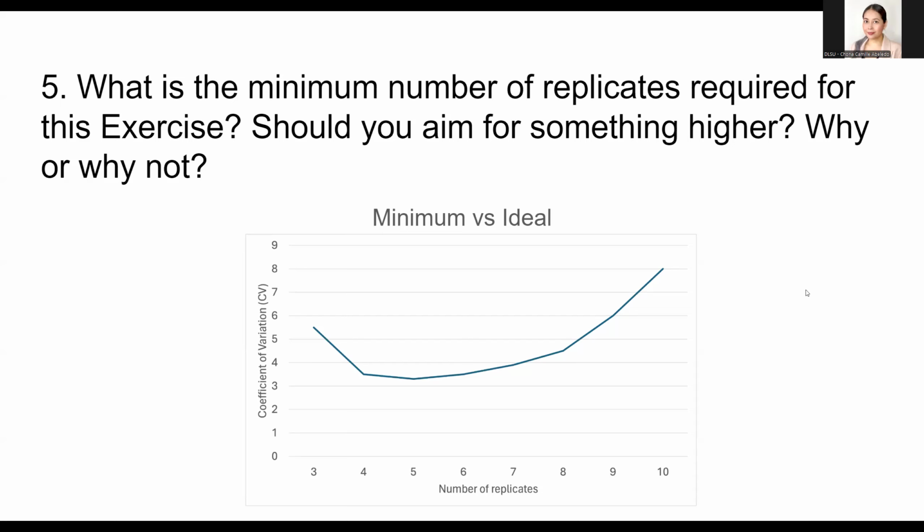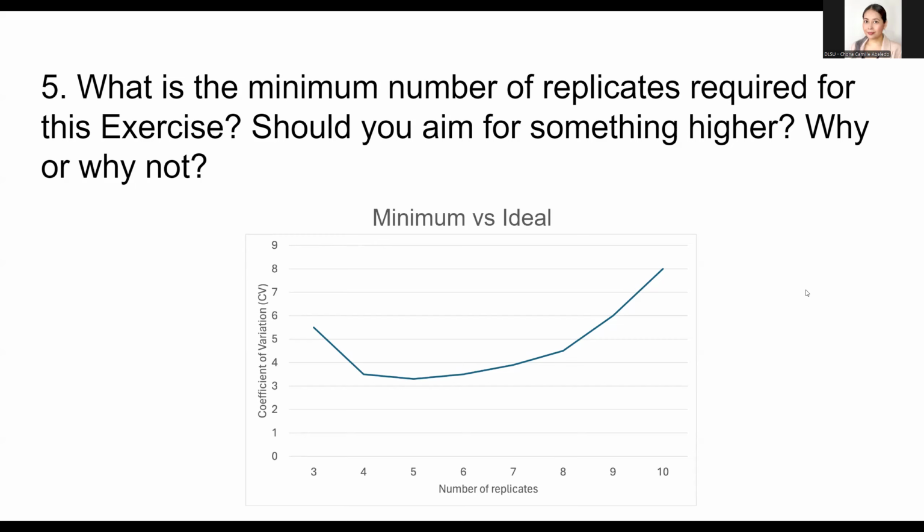But the question here is, should you aim for something higher? Why or why not? The answer is yes, because the higher the number of replicates, the greater the power of your experiment. When we say power, it means the ability of your experiment to create concrete and real conclusions.